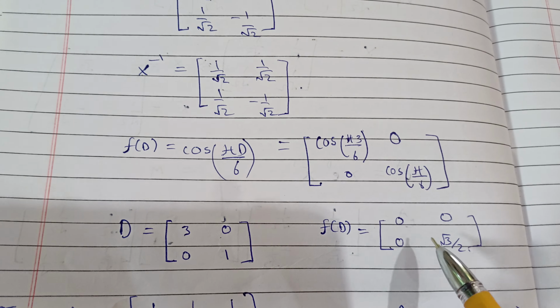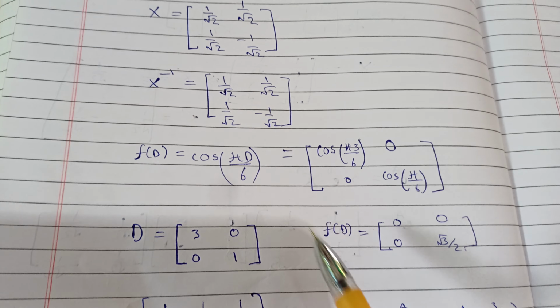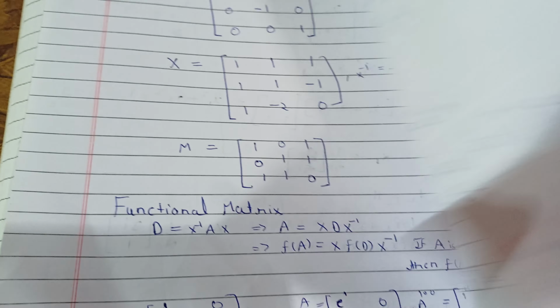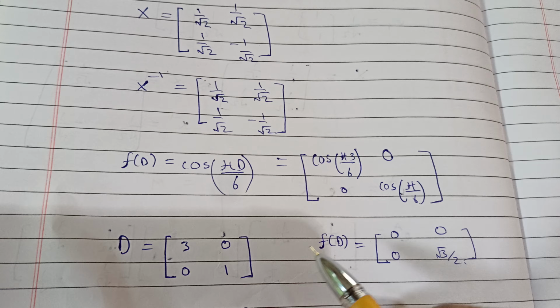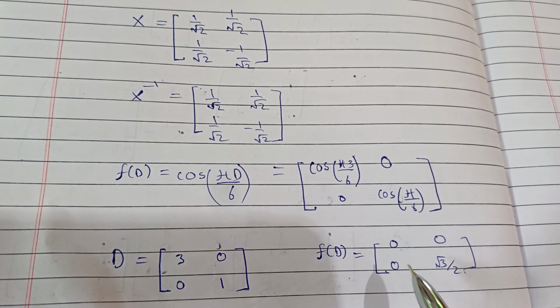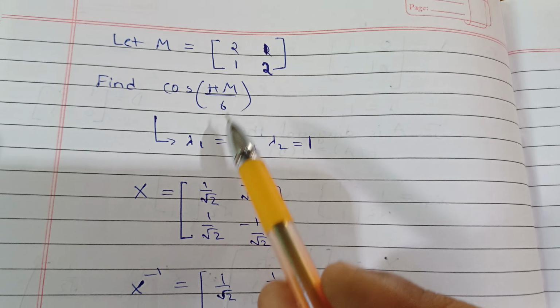So f(D) came out to be this, and you have all the values. Now you will get f(M) just by solving X f(D) X inverse, and after this operation you will have the answer for cos(πM/6).